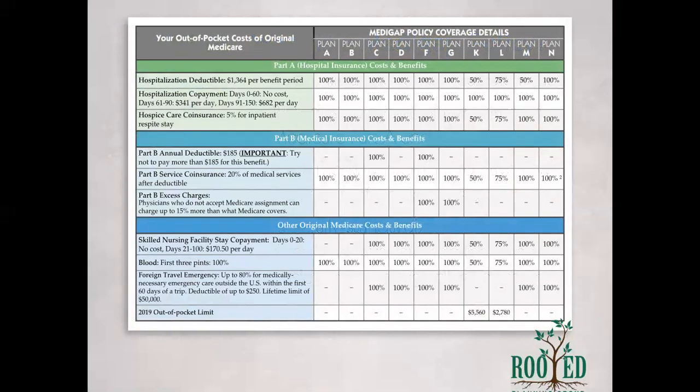This is the chart of federal standardization of Medigap plans. Some of the things you'll notice are the only difference between Plan F and Plan G is whether or not you want coverage of the Part B annual deductible, a $185 deductible in 2019. For this reason, you want to make sure that you do not pay more than $185 for this coverage.